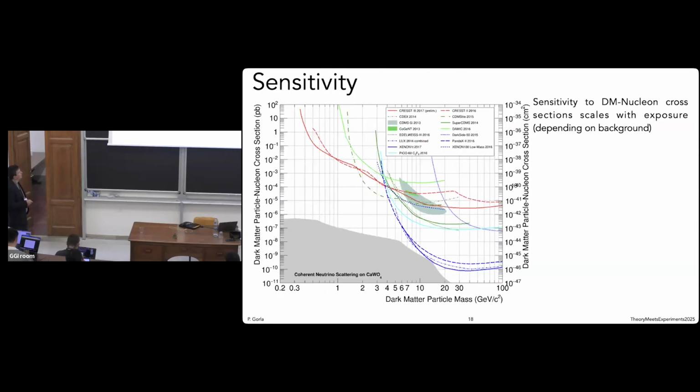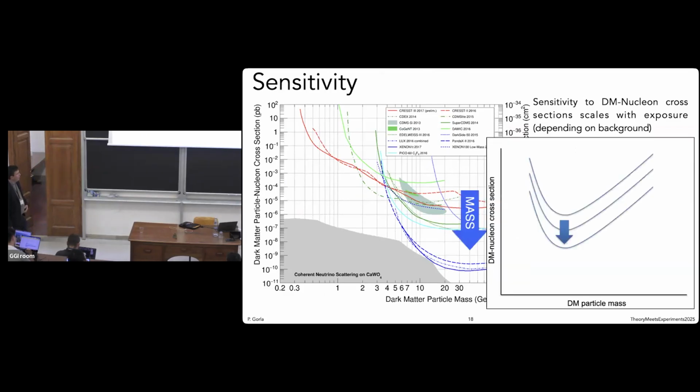This is one of the exclusion plots, probably not the most up to date in terms of results, but basically this is just to say that the sensitivity to dark matter nuclear interaction scales with exposure depending on your background level. So in the high dark matter particle mass region, 10 GeV and above, you are mostly dominated by exposure, so how big your detector is, how many nuclei you have inside it, and by the level of background inside your detector.